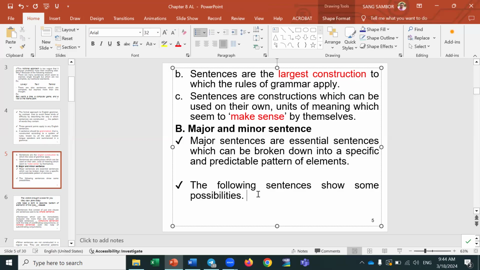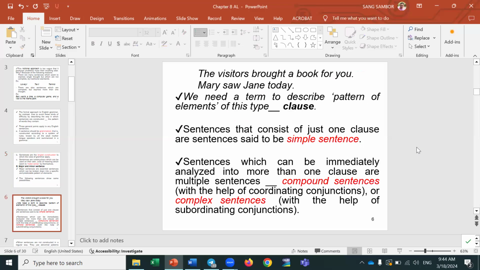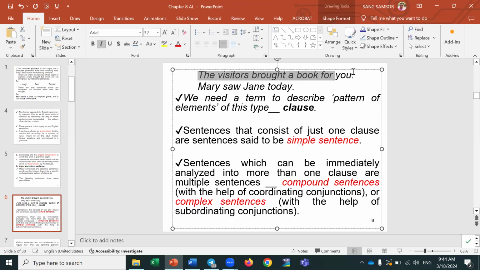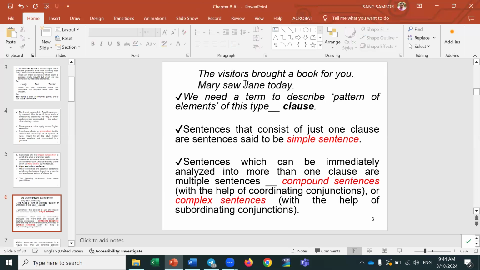The following sentences show some possibilities. As I mentioned, there are many ways to write sentences. Example: The visitor brought a book for you. Mary saw Jane today. So if you look at these two sentences here, we actually call them clauses, right?